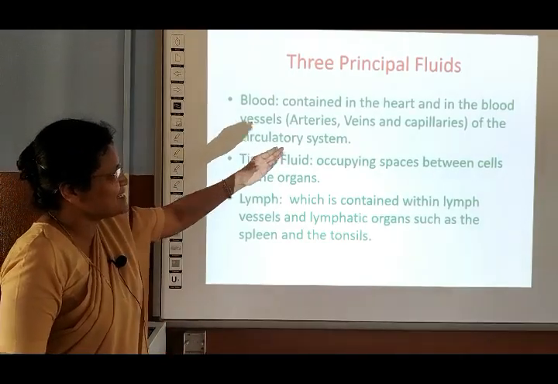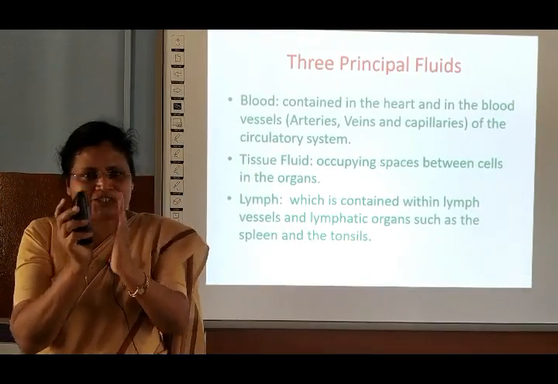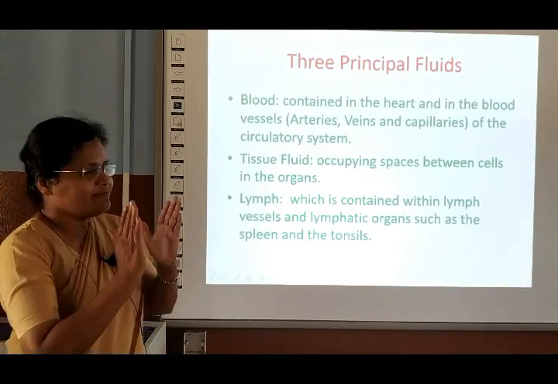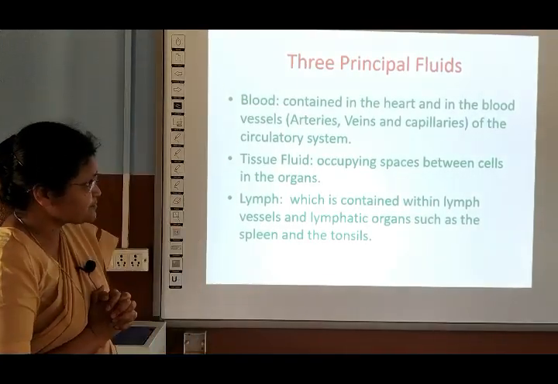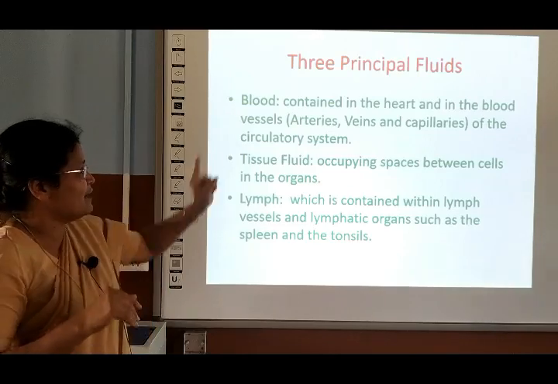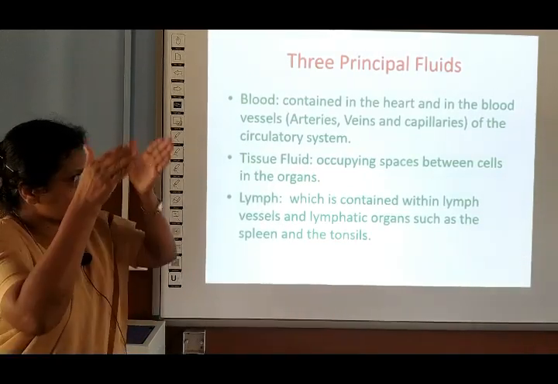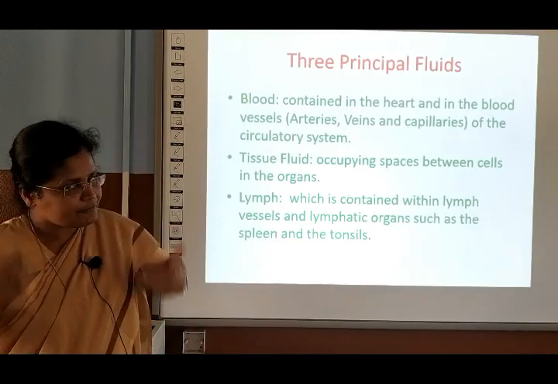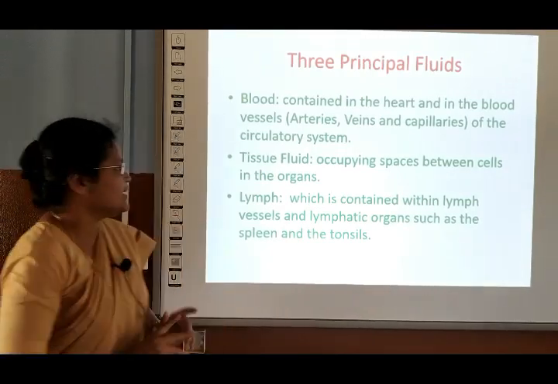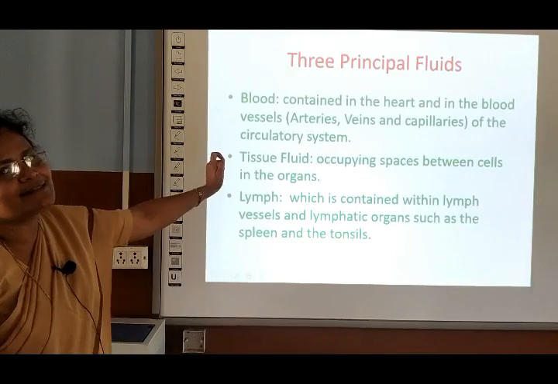These vessels are actually tube-like structures. These arteries and veins are tube-like structures inside which you have the blood. So the blood present in the heart as well as in the vessels, just like a river flowing throughout our body, is a fluid contained in the circulatory system.